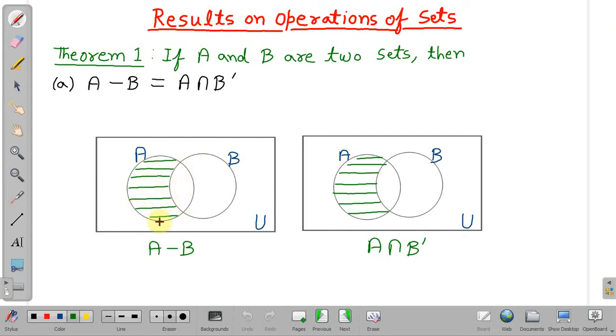This green portion gives A minus B. If we see the RHS, it is the intersection between set A and the complement of set B. The complement of set B is U minus B, all the elements of the universal set except those which are part of set B. So it lies outside set B, and if we take intersection with set A, we get this green shaded portion. So this is A intersection B complement. These two are the same, so A minus B is equal to A intersection B complement.